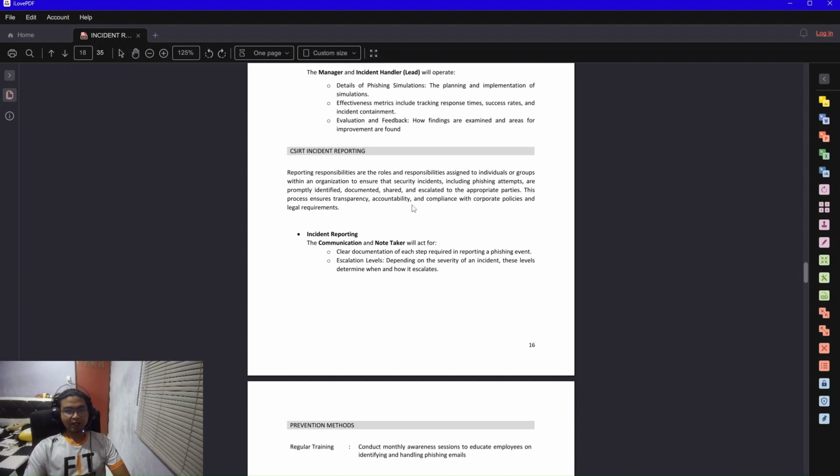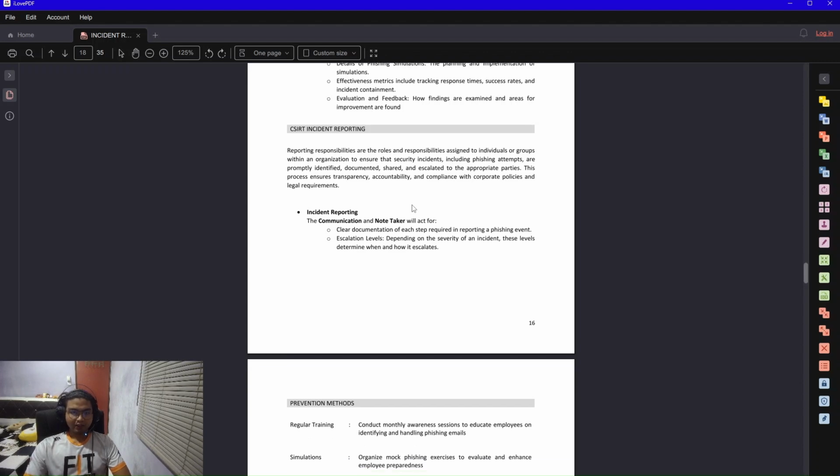Reporting responsibilities are the roles and responsibilities assigned to individuals or groups within the organization to ensure that security incidents, including phishing attempts, are promptly identified, documented, shared, and escalated to the appropriate parties. This process ensures transparency, accountability, and compliance with corporate policies and legal requirements.